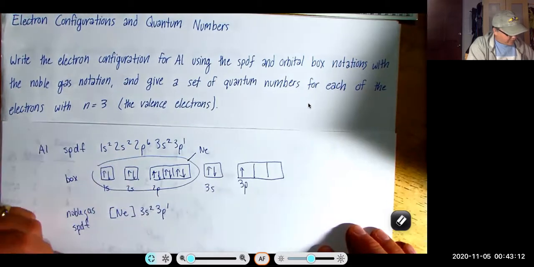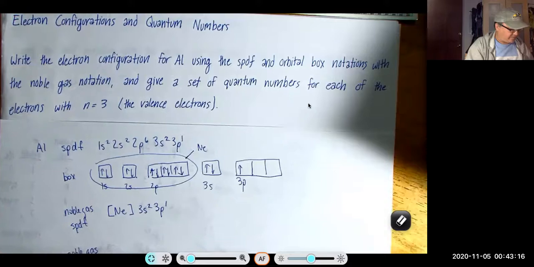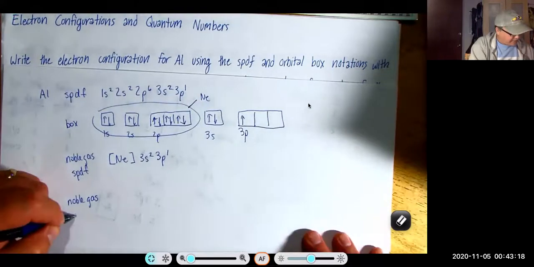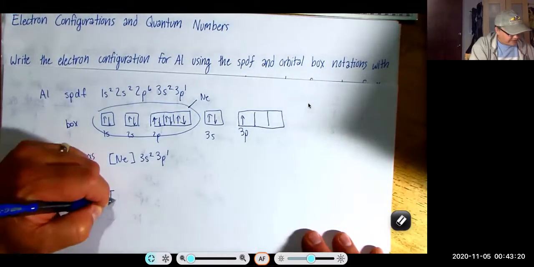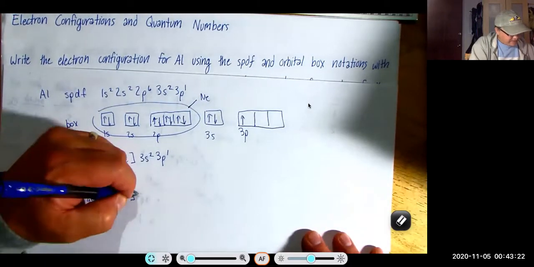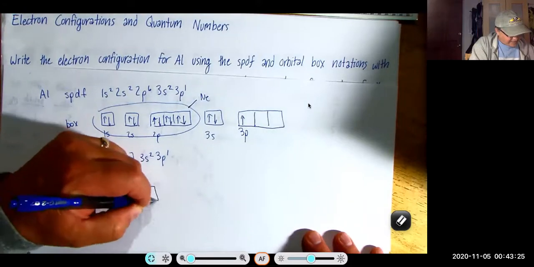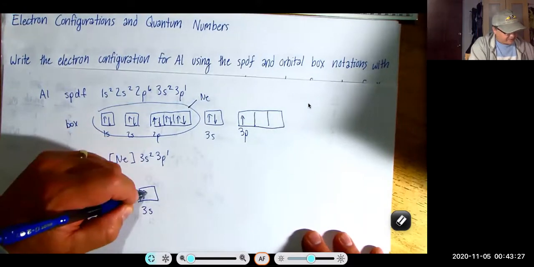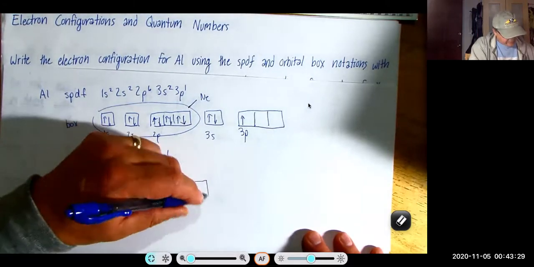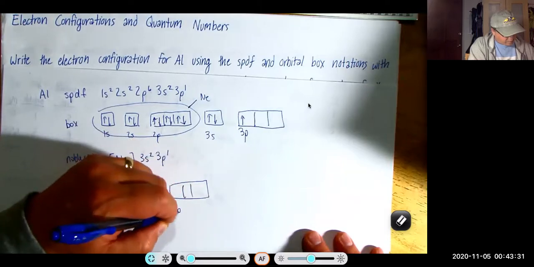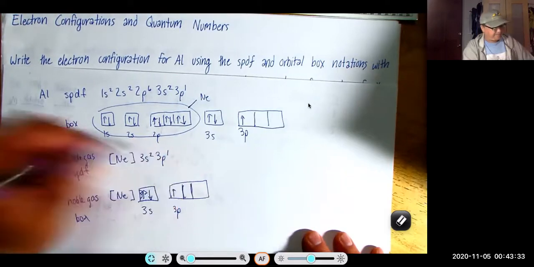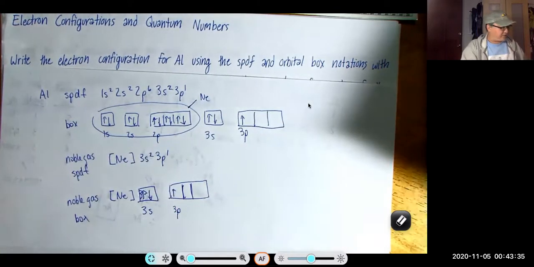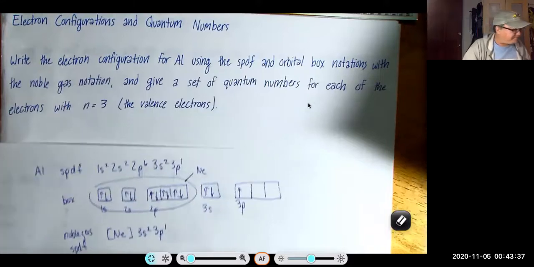And if we did the noble gas box notation, it would look like this: neon, 3s, 2 electrons, and 3p, 1 electron. Okay, so that's the answer to that one.